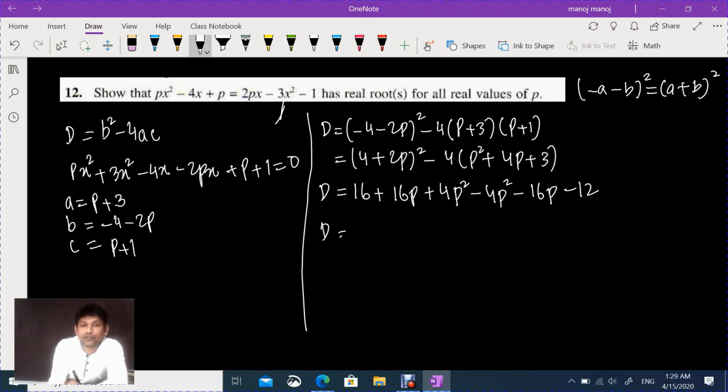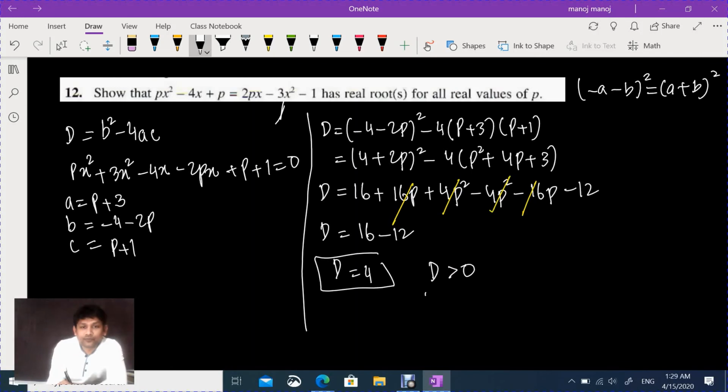When you simplify, the 16p cancels, the 4p square cancels, and what is left is 16 minus 12, which is 4. D is 4, which means greater than 0, so it has real roots. Real roots means D is not less than 0, and we have proved it.